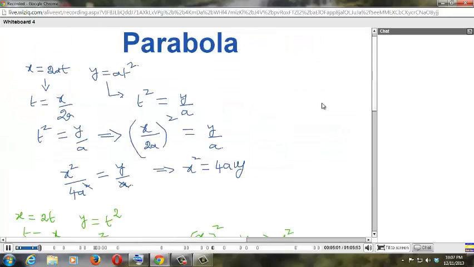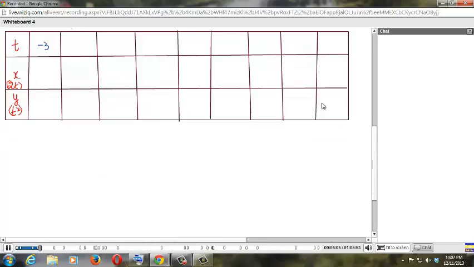Say we will start with t being -3, then -2, -1, -half, 0, half, 1, 2 and 3.